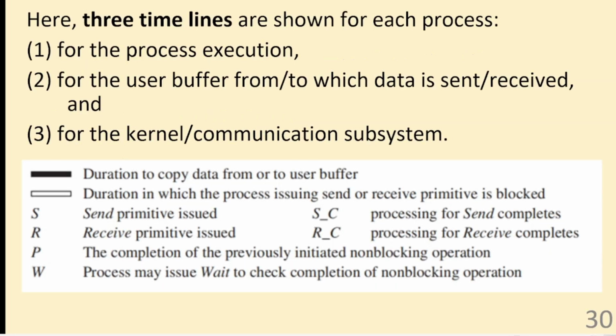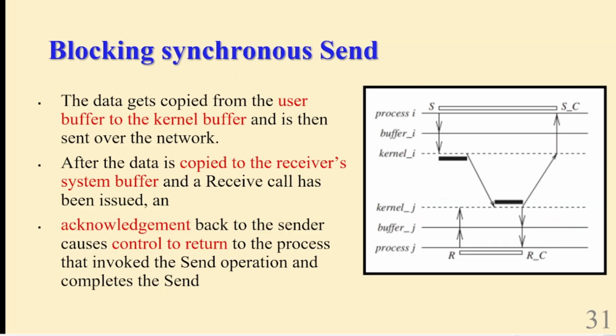In the figures we will have 3 timelines: one is process execution, one is user buffer, and one is kernel buffer. Then we have blocking synchronous send. This is actually the slowest method. You can have a look at the figure.